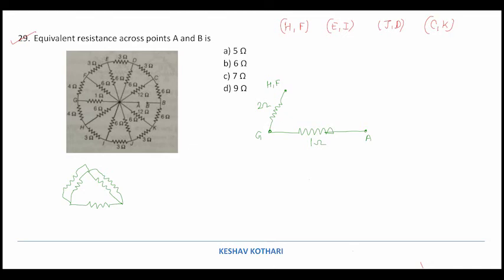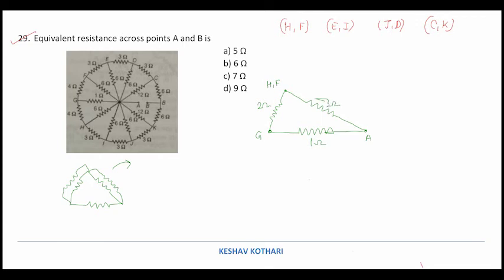I would have drawn the entire circuit this way. So I'm not drawing this circuit, I'm drawing the calculative circuit because the calculations are simple. Both the resistances are same, so we just have to halve the value. So between these two we are getting 2 ohm, and between the points A and H and A and F, both these 6 ohms will combine in parallel to give us 3 ohm.